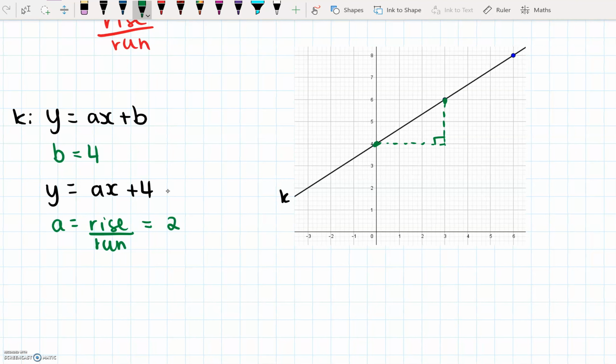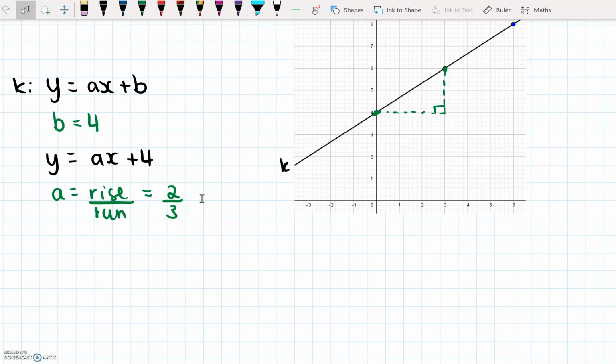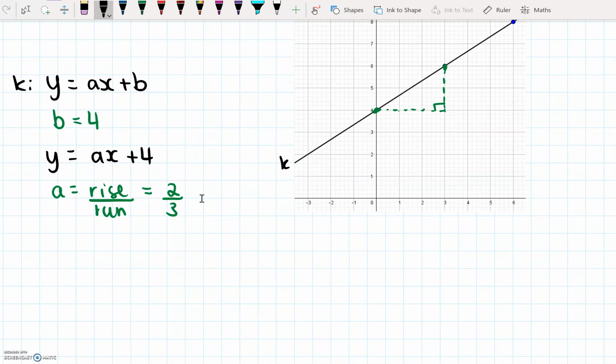Going from this point across to here, we have a run of 1, 2, 3 squares, and looking at our axis, those 3 squares are worth 3, so it's going to be 2 over 3. And that's it. We now have our b and our a, and we can just substitute those in. So we know that y is equal to 2/3 x plus 4.